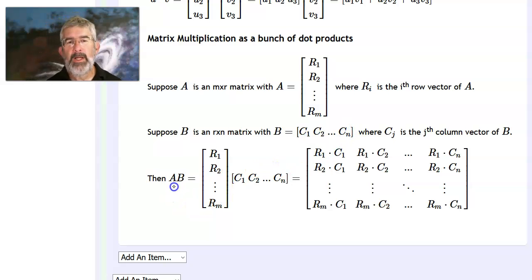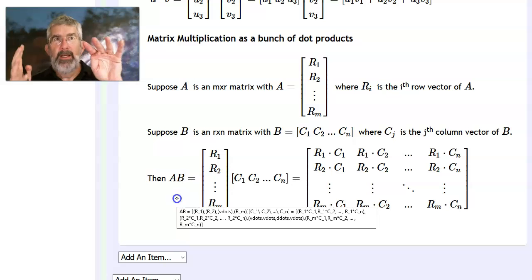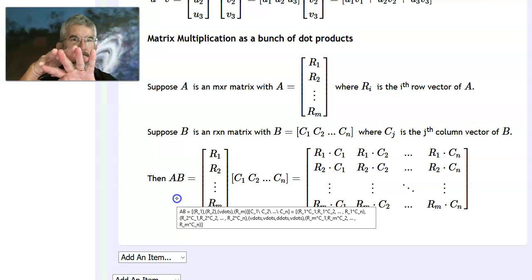Now, when I multiply A times B, when you think about how we multiply matrices together, you take rows of A and columns of B, multiply them together, and add the individual entries.